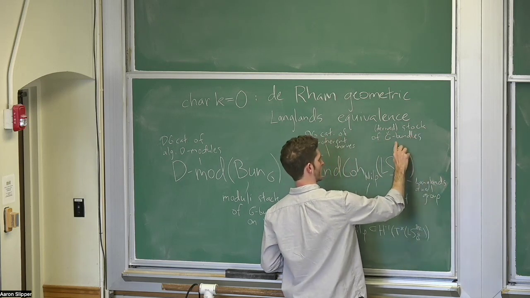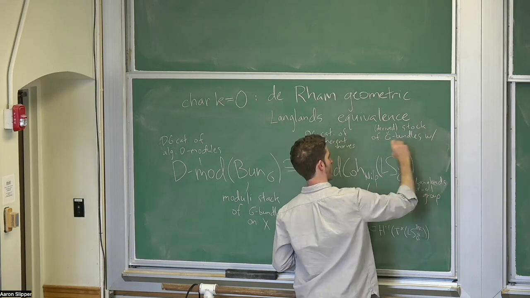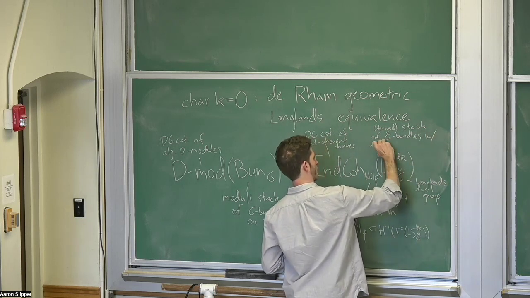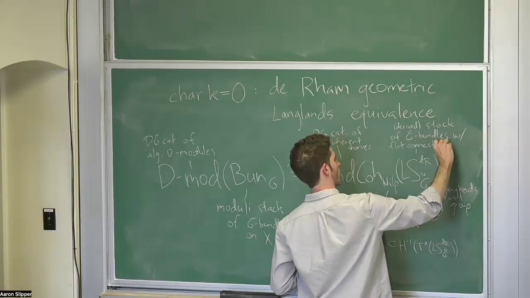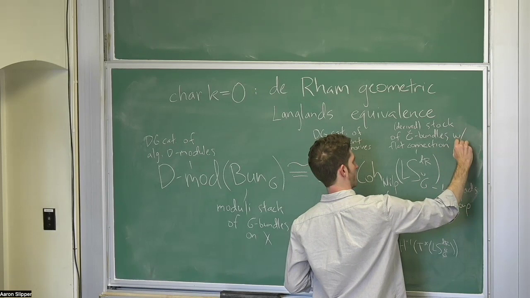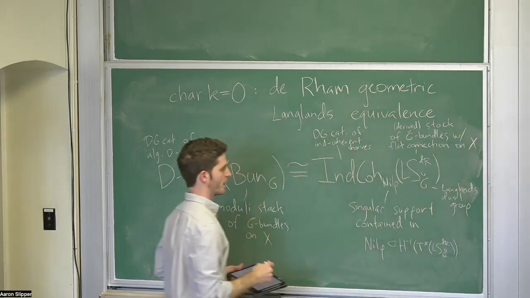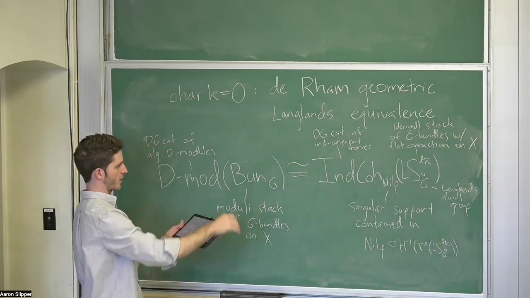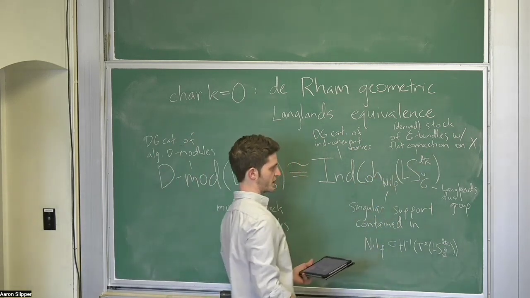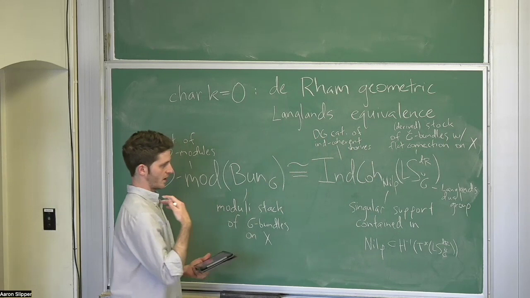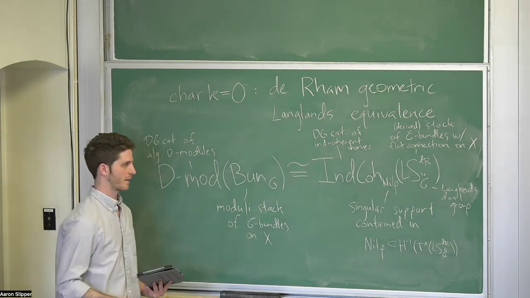So it's the derived stack of Ǧ-bundles equipped with a flat connection on X. The reason it says de Rham is that we are in the de Rham situation, so my natural notion of local systems here is a principal bundle with a flat connection.